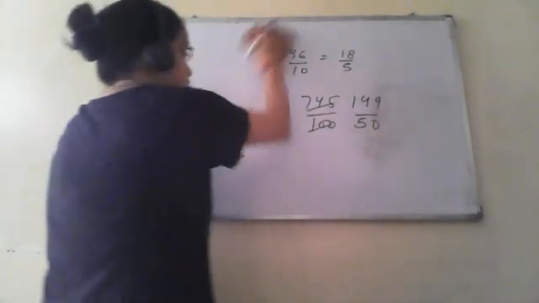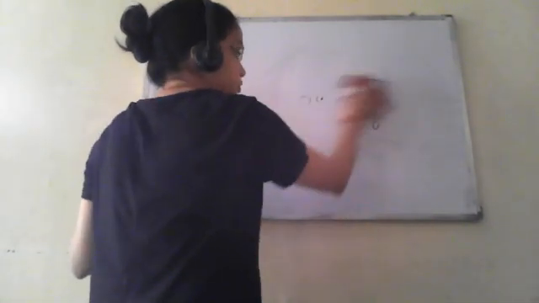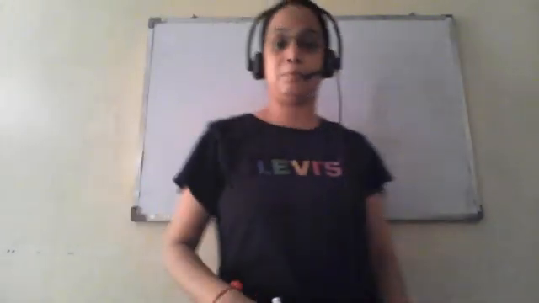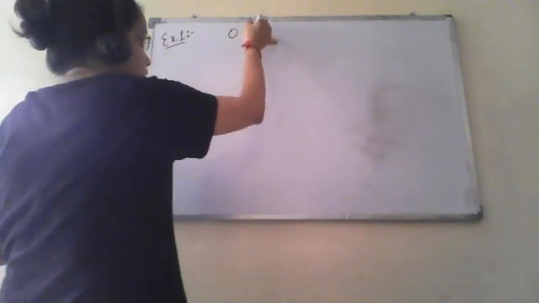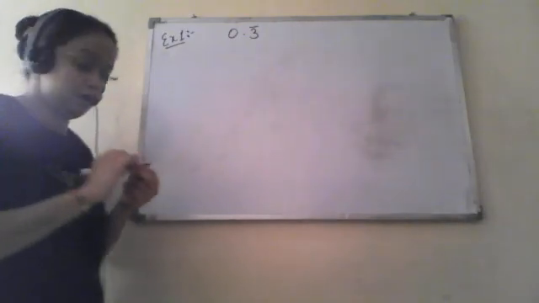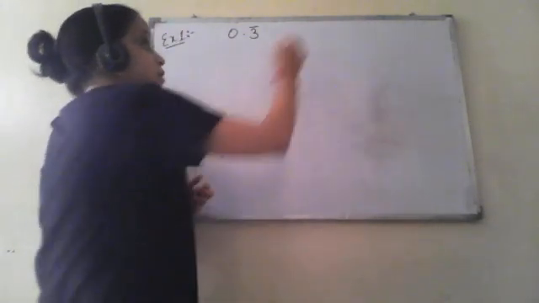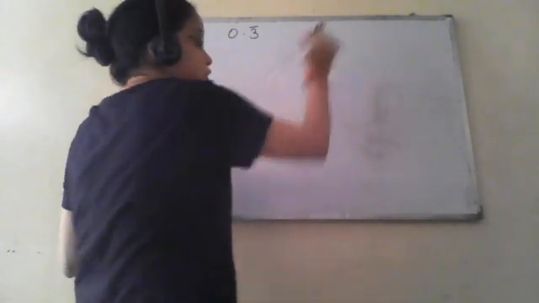Now, the more important thing: we will see how to convert a non-terminating repeating decimal expression into the form of p upon q. The first example is 0.3 bar, and we have to convert it into the form of p upon q, where q should not be equal to 0.